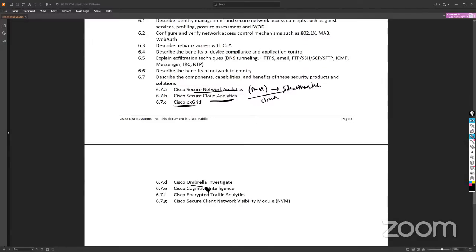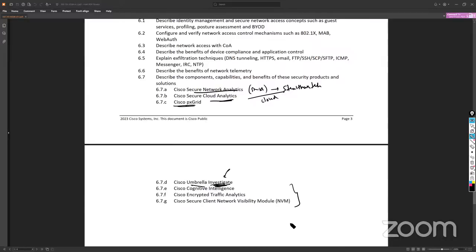Then within Umbrella, you have a component called Investigate. Again, the name is quite intuitive, right? To investigate what sort of traffic is going on through your environment. Again, some of these other things, they just want you to know and understand, not be able to configure.